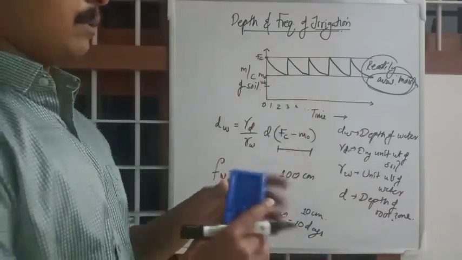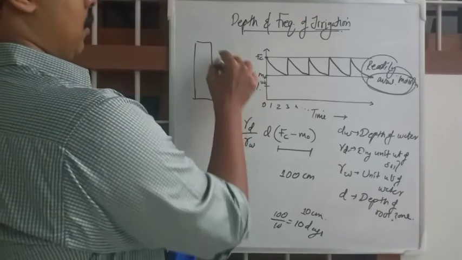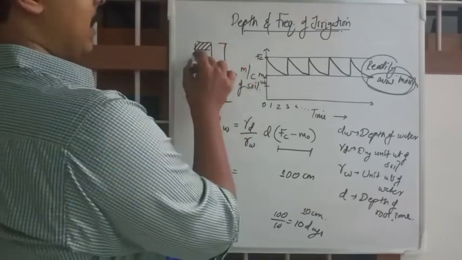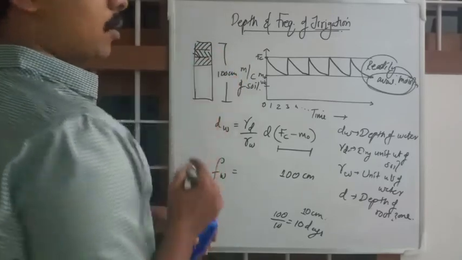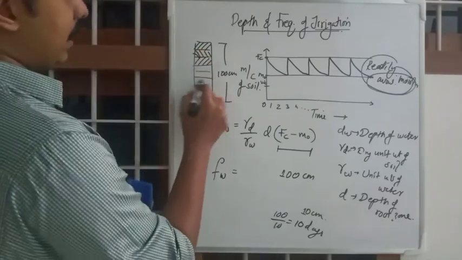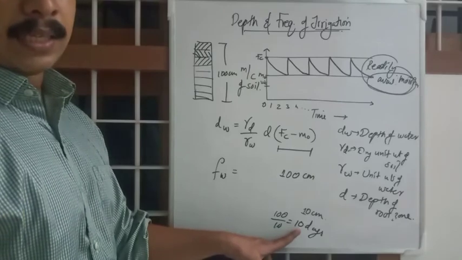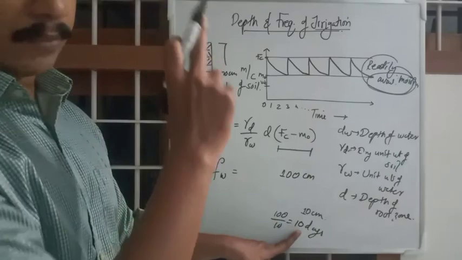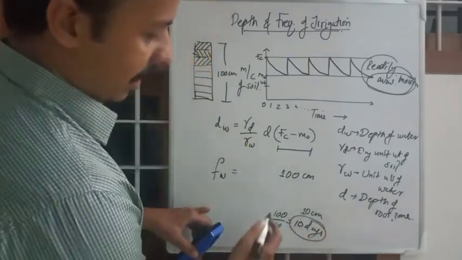In that 100 centimeters, 10 centimeters is used on Monday, 10 centimeters on Tuesday, 10 centimeters on Wednesday, etc. So it takes 10 days to empty the supply of water that we gave on Monday. So the next watering should be after 10 days, 100 by 10.